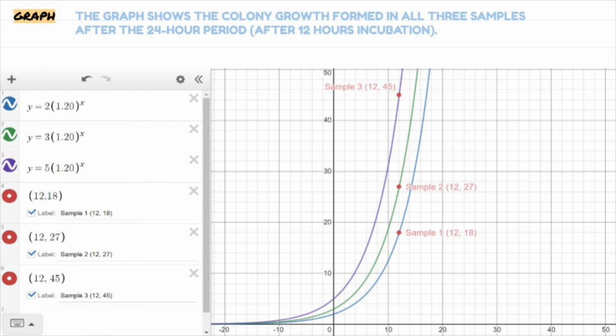If placed in a graph, here's how the colony growth formed in all three samples would look. Here, you can see and confirm that the limit as x approaches 12 is indeed equal to 18 for sample 1, 27 for sample 2, and 45 for sample 3.